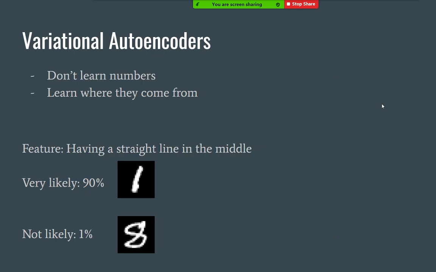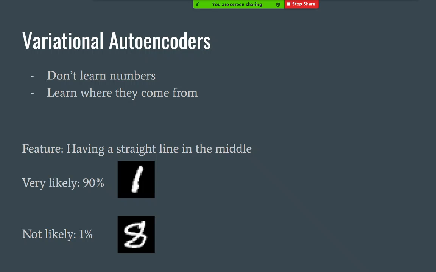So very interestingly, what variational autoencoders do is they don't learn the numbers, but they learn according to which random function these numbers occur. For example, let's say we have a straight line in the middle, and a very high likelihood of something being there.